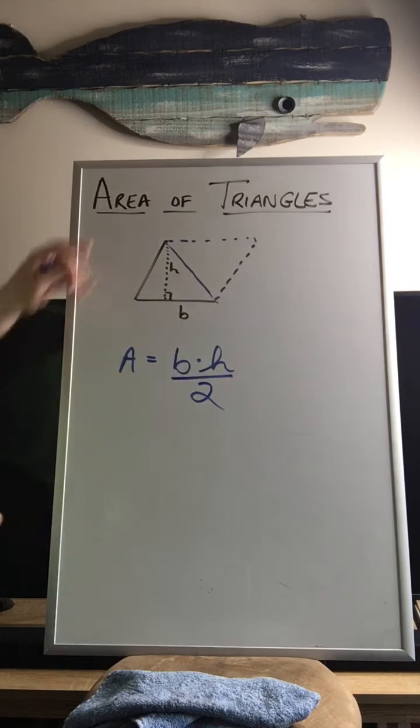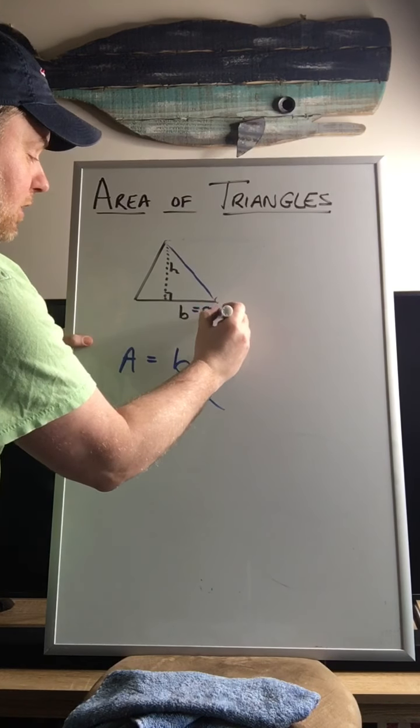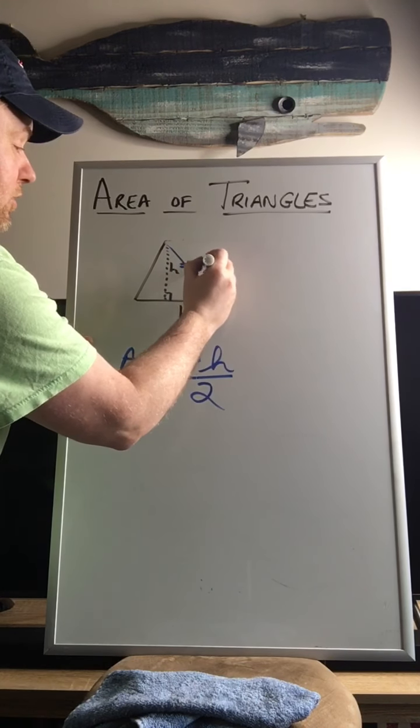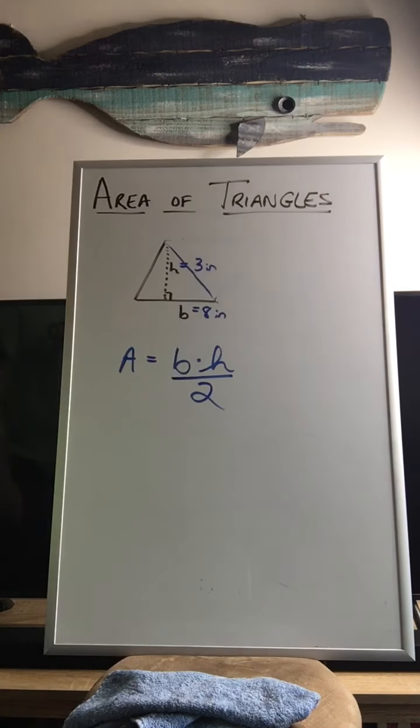Okay? So let's say this triangle had a base of 8 inches and a height that was 3 inches. All right? You multiply the base and the height, 8 times 3, but then you have to divide that by 2. So that's going to be 24 divided by 2, so that's going to be 12 square inches. Okay?